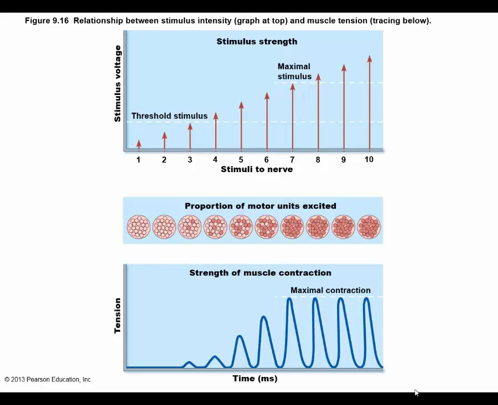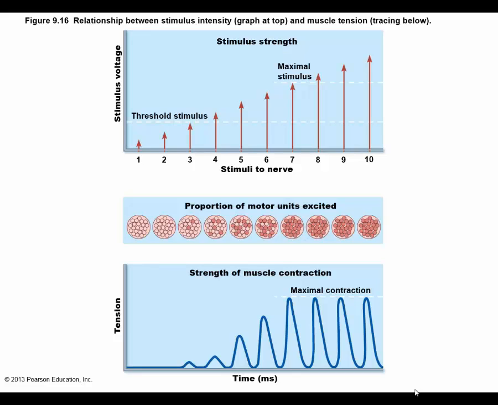As you start to increase that stimulus, the stronger the voltage, you're going to activate more motor units, and your tension is going to increase. But at some point, on here my maximal stimulation is 7, whatever voltage this is, I have activated every muscle fiber in my muscle. So my entire muscle is trying to contract.